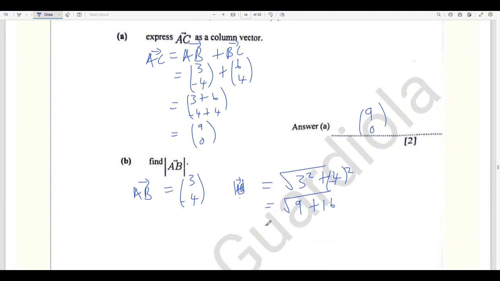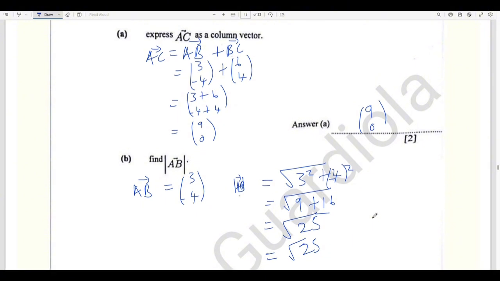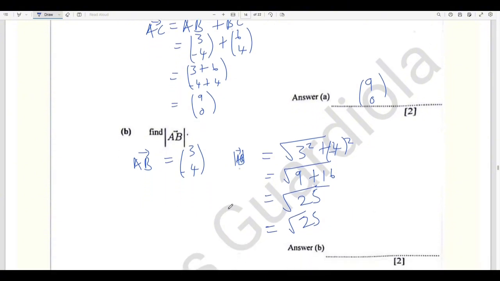And then we're only going to take the positive root, which is positive 5. So this positive 5 is what we call the modulus of the vector AB. So we take our modulus, the positive root of 25, which is equal to 5.